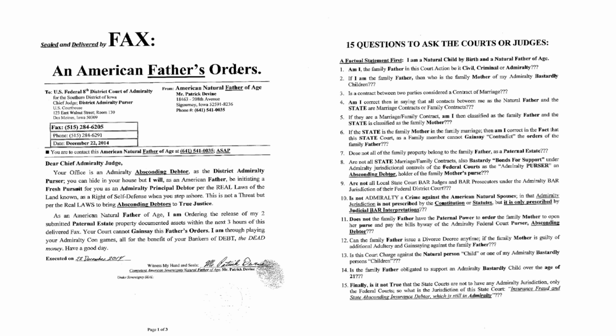Now, the admiralty does not work at state level. It only works at federal court level. So what is going on at the state level? The state level is operating in insurance fraud.